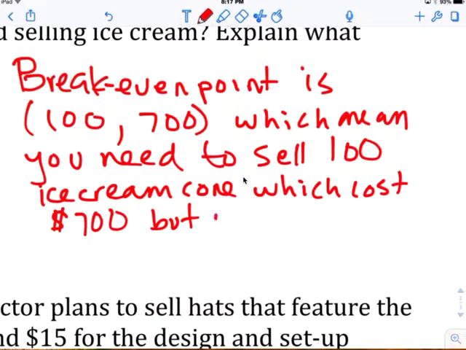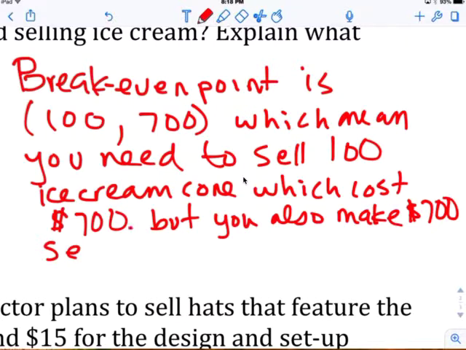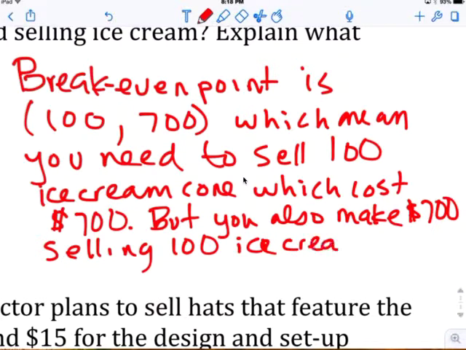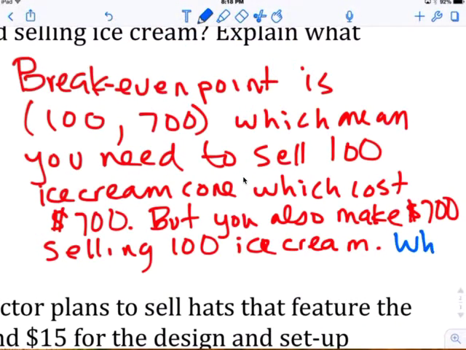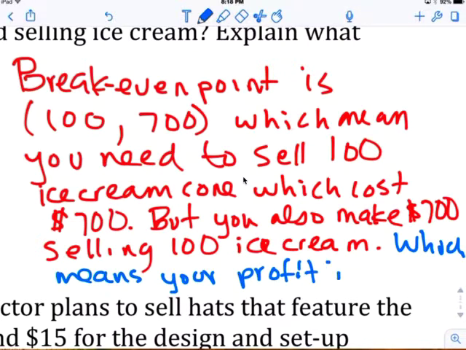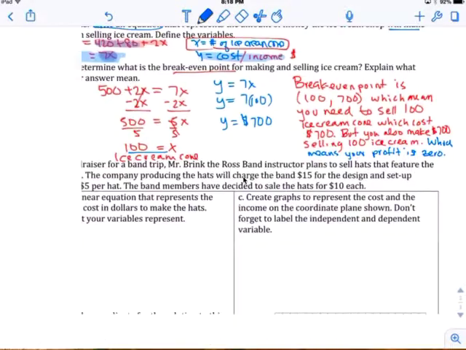But you will also make $700 selling 100 ice cream, which means your profit is zero if you sell 100 ice cream cones, okay?